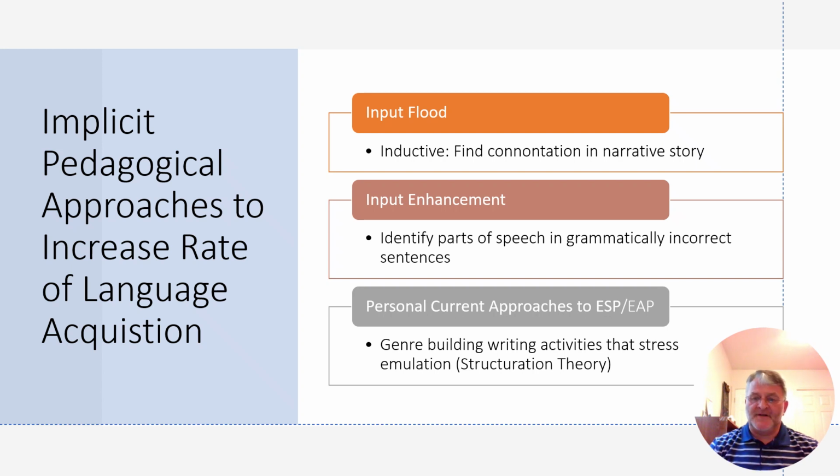And after a little bit of explicit instruction on the use of connotation by examining words as to whether they have a positive or a negative connotation, I've allowed them to read the story independently and then to report back to me where they feel that connotation is present in the story.